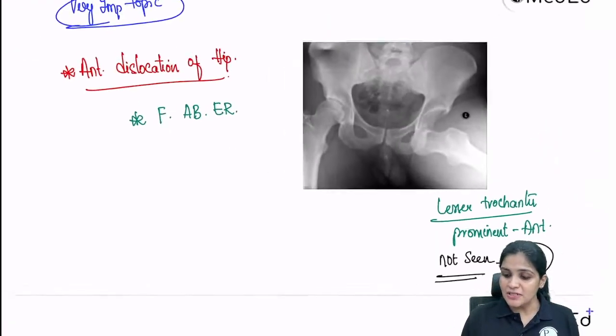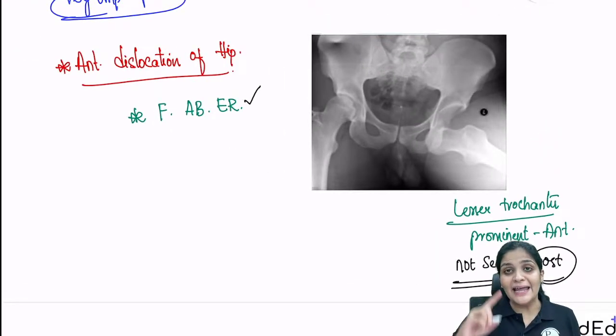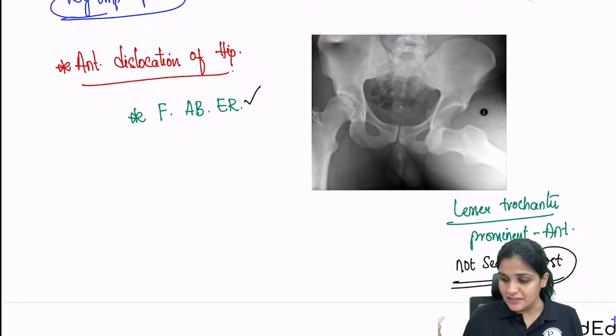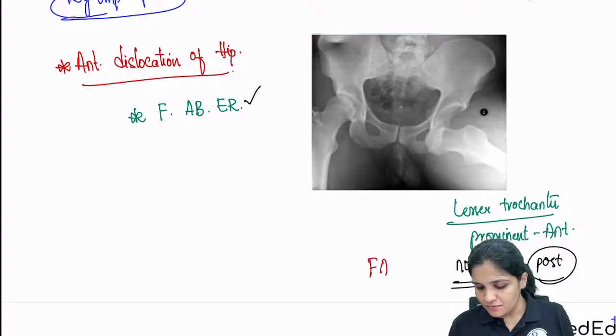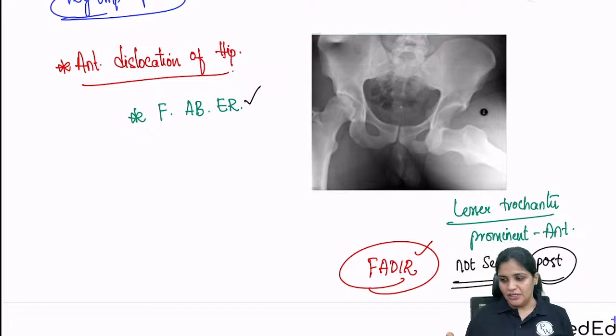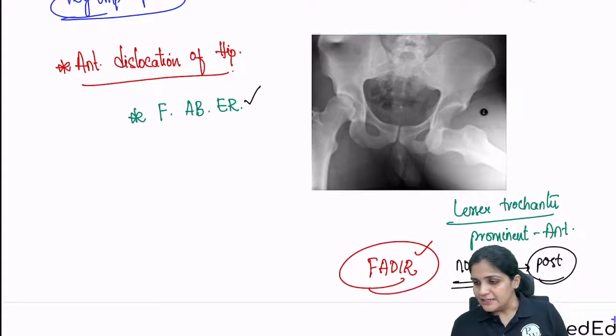Why? Because in anterior it is FABER, abduction and external rotation. So whenever you see external rotation, you happily can see the lesser trochanter. And posterior dislocation is FADIR, so adduction, internal rotation. With internal rotation, you cannot see the lesser trochanter. Okay? That's it. Very, very important.